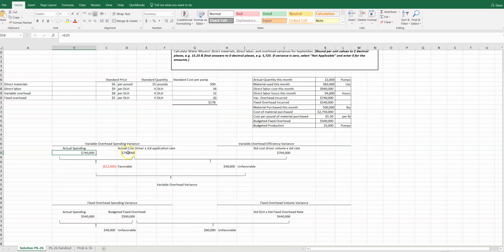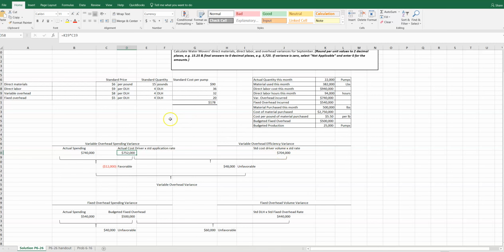Now we take the actual cost driver. The amount of the actual cost driver is the hours, because variable overhead is based on direct labor hours. So 94,000 direct labor hours times my standard rate of $8 per direct labor hour gives me $752,000. We have a $12,000 favorable variance.